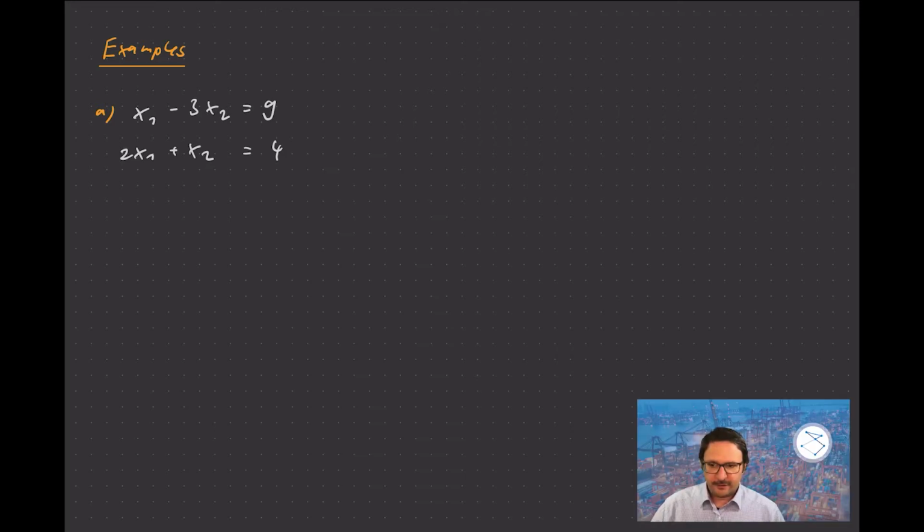Of course, we want to solve this equation system, and there is a number of ways you can do this. Again, we'll learn about a systematic way later on, but let's just try and solve this more or less intuitively. What we could do is solve, for example, the first equation for one of the variables, let's say x1. That seems particularly easy.